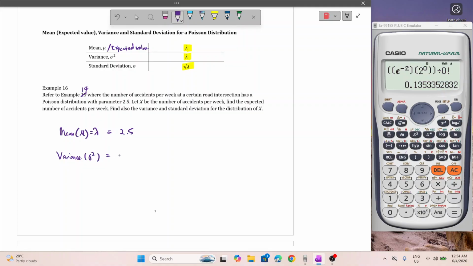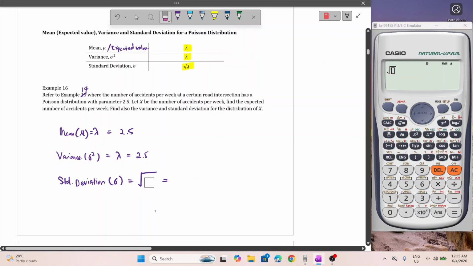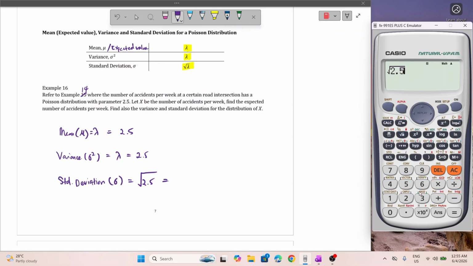The standard deviation, sigma, is equal to the square root of lambda, which is the square root of 2.5.